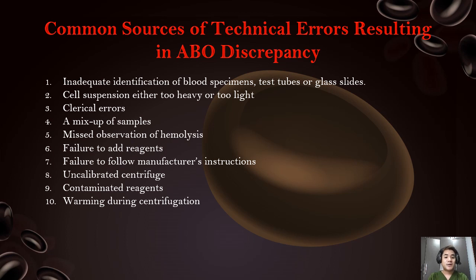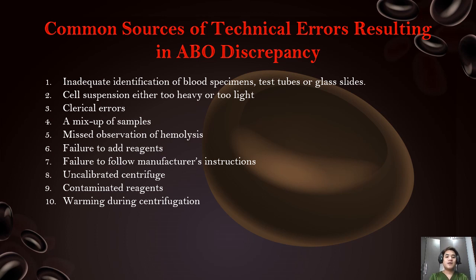Or when the medical technologist is inattentive or preoccupied, this may lead to misobservation of hemolysis, failure to add reagents, and any other possible technical errors that may result in an ABO discrepancy.